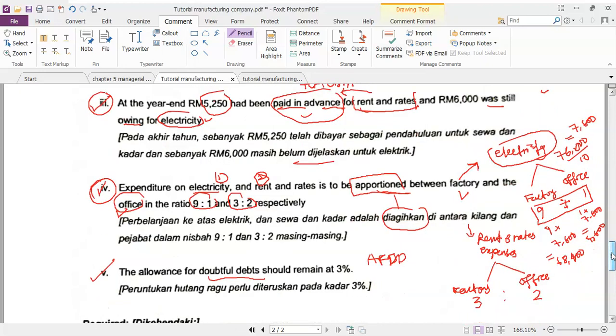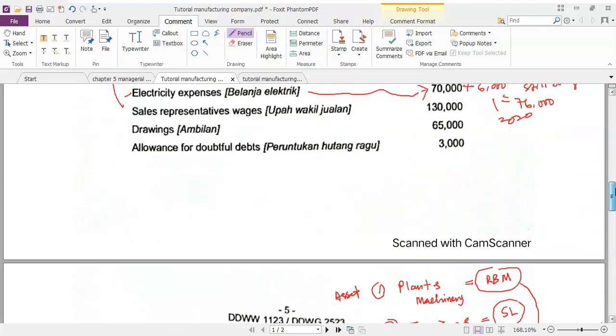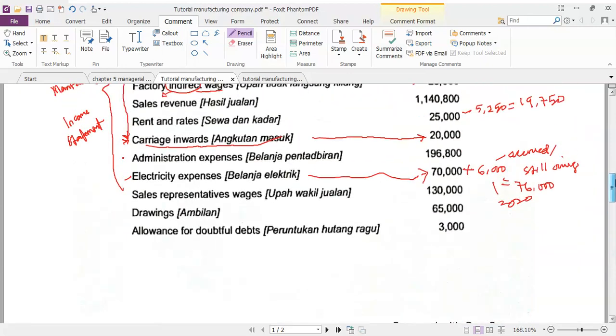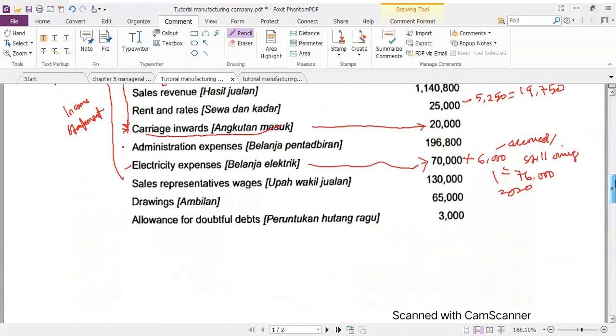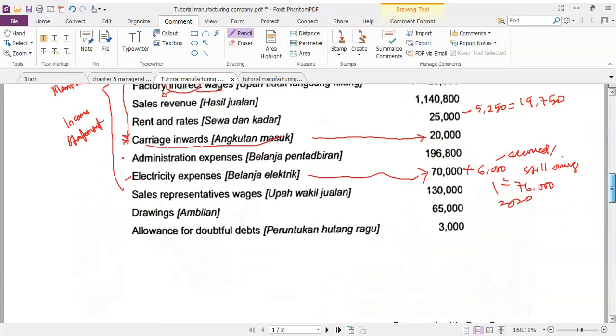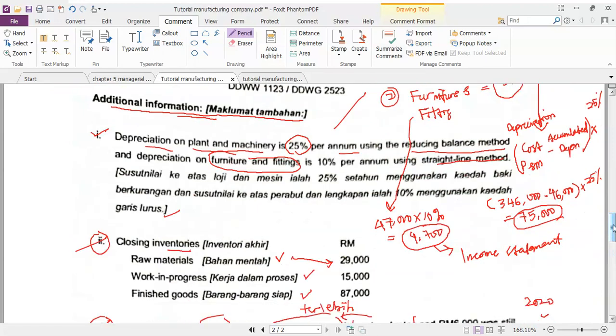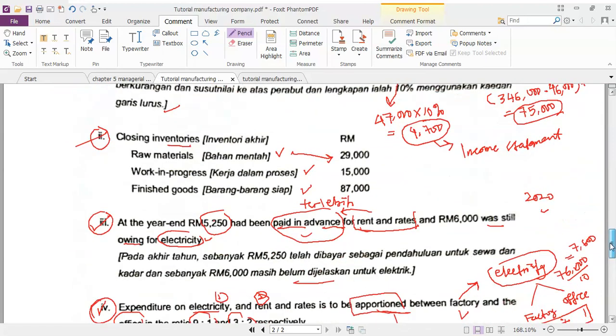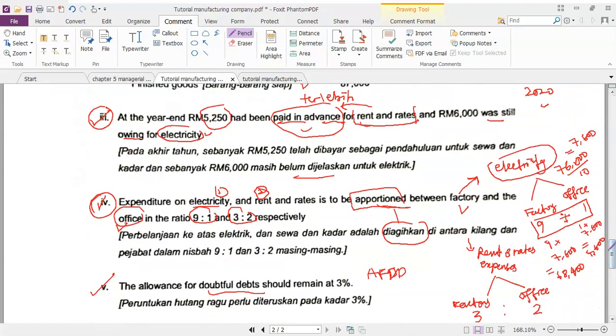Okay, so rent and rates. Cuba kita agihkan antara factory dengan office. Rent and rates kita ada, how much is our rent and rates for this? 19,750. 19,750 is the total rent and rates.